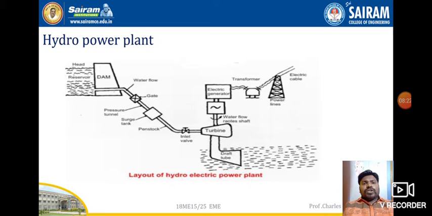You have to check whether frequent rainfall is available and water can be stored. These are the types of areas where you can construct a hydropower plant. And the second disadvantage is that the investment cost, the construction cost, is heavy. It takes lots of time, energy, and money to construct this hydropower plant.